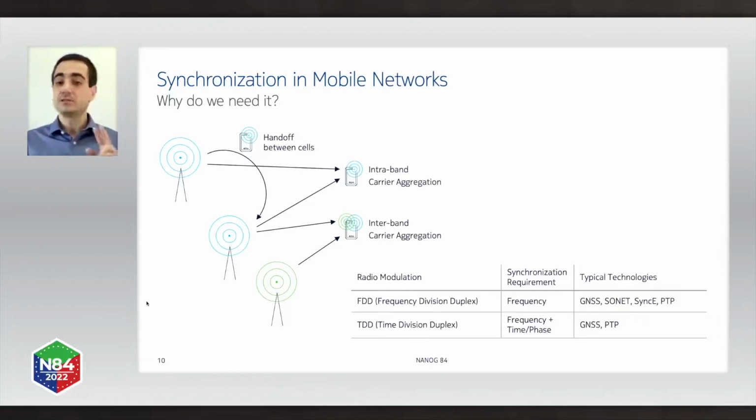There are typically two technologies used for that, GPS or GNSS or other constellations as well, and 1588 PTP. TDD becomes a lot more prevalent in 5G because a lot of the frequency bands determined for 5G use TDD. So in that case, we're going to see a lot of discussion around time and phase synchronization to enable 5G.